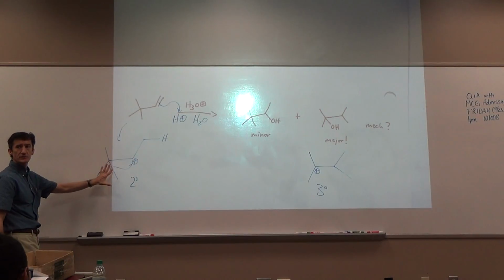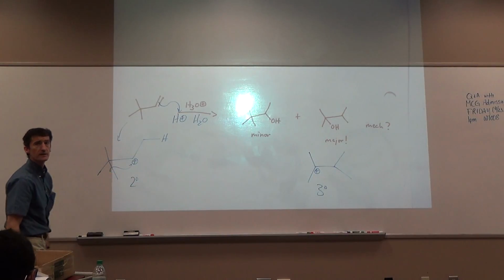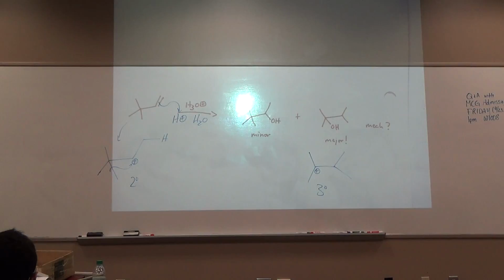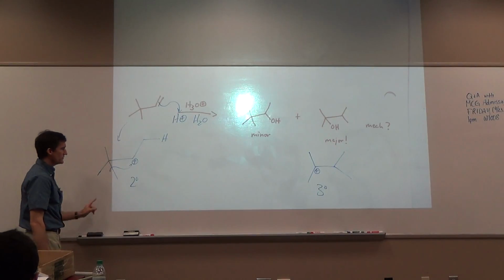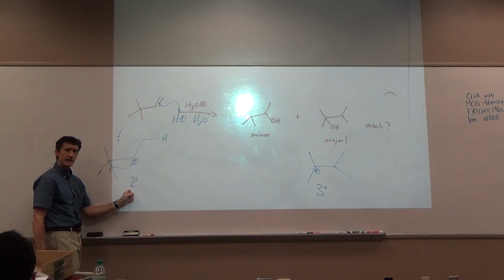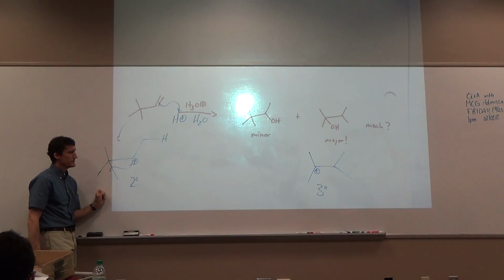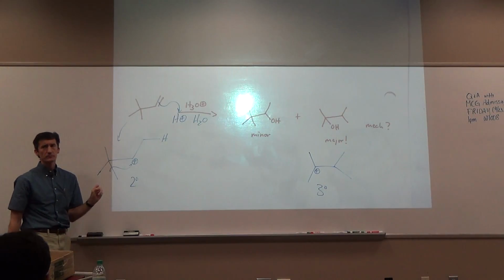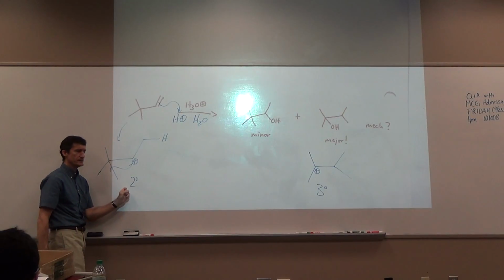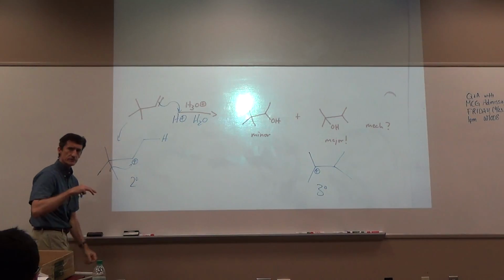Typically, you only rearrange if you go to a better carbocation. Occasionally, you may see something rearrange and go from maybe secondary to secondary. You're never going to see anything rearrange and go from secondary to primary. It's not going to get to a worse cation.